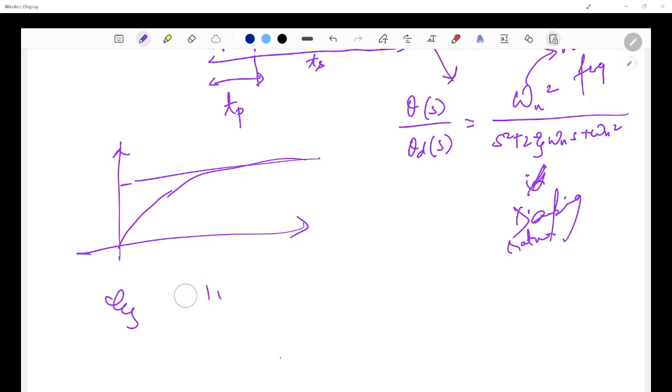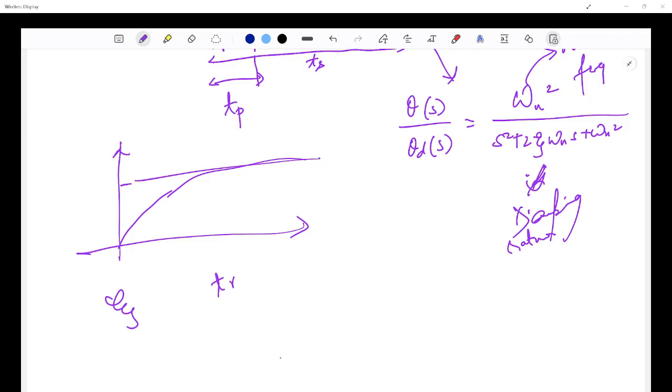Sorry, I want to show the relation between zeta and rise time. Let's say I have opened a door, I have left it open for some time, and now I am leaving it and it is closing. Let's say damping is very high.